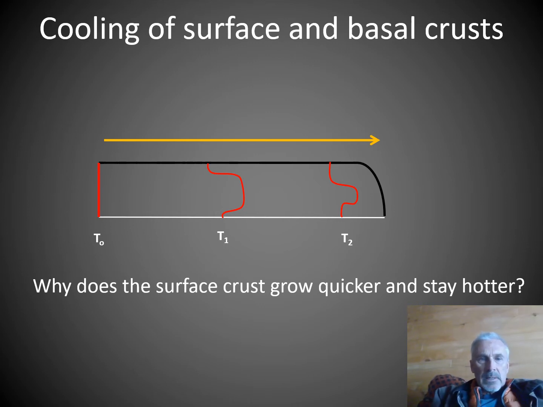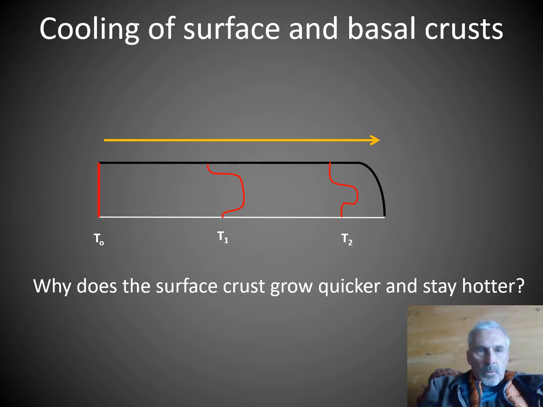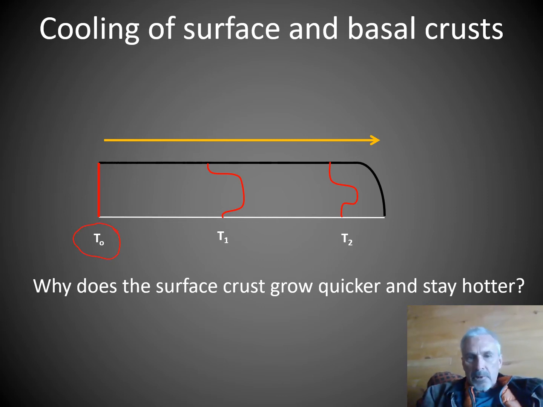What it's doing is showing 3 time steps. Right here is when the lava first comes out. T1 is sometime a little later, and T2 is sometime a little later than that. You could also think of it as being related to the distance from the vent.